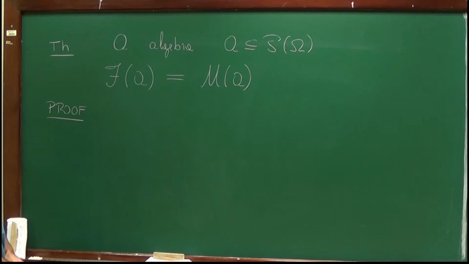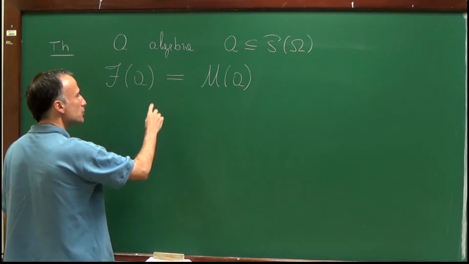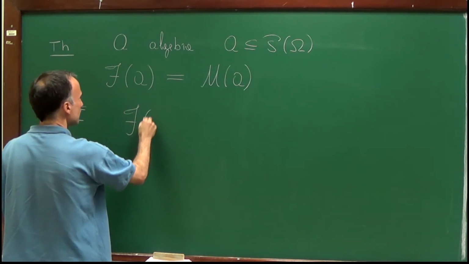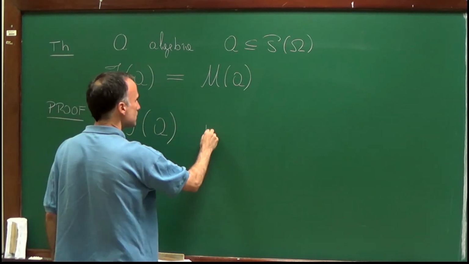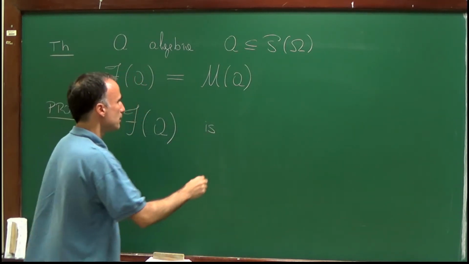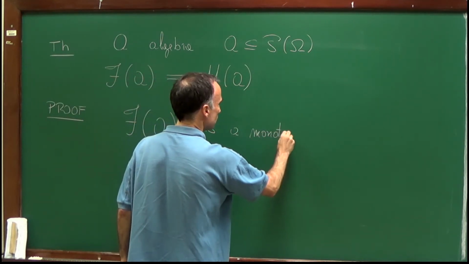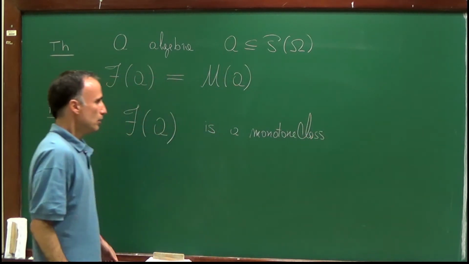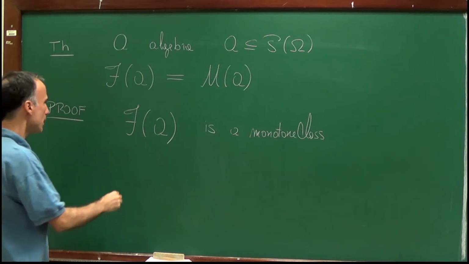So let me present a proof of this result. There is one relation which is extremely simple. We know that a sigma algebra is a monotone class, so F of A is a monotone class. We've seen that. It was my first observation.